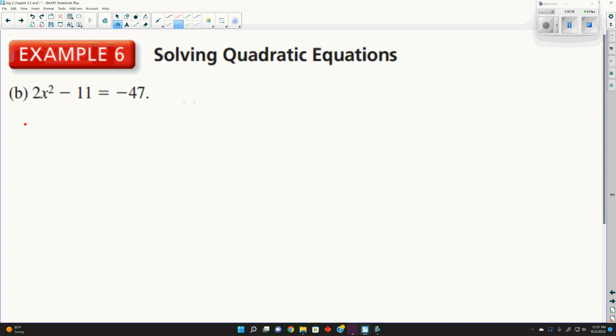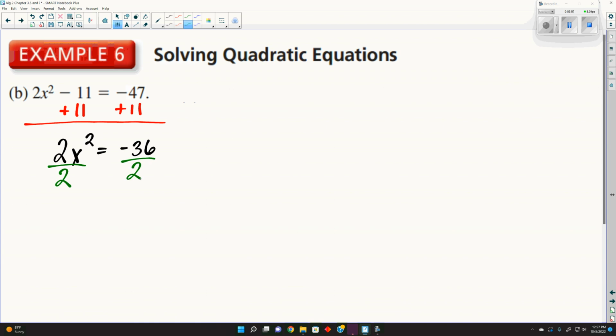So what can we do first for this one here? We can add 11 to both sides. Yes. And then what do we need to do next? We'd want to divide both sides by 2. We can't take the square root yet. I mean, we could, but then we'd have to divide both sides by the square root of 2 to get x by itself.